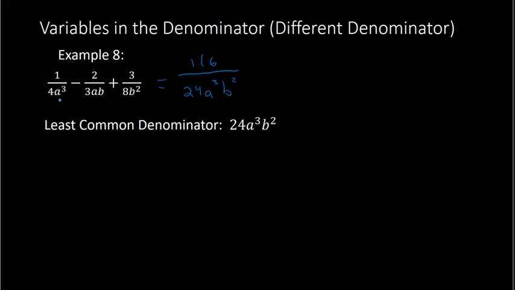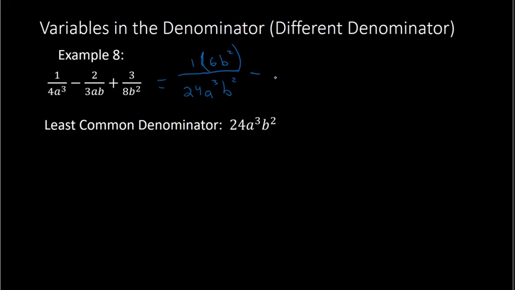And then a cubed is what we started with. We still have a cubed over here, so the a's are good. We need b squared as well. We did not have b squared to begin with. Now we do have b squared, so I have to multiply the top by a b squared as well. So multiply the 1 by a 6 and a b squared.